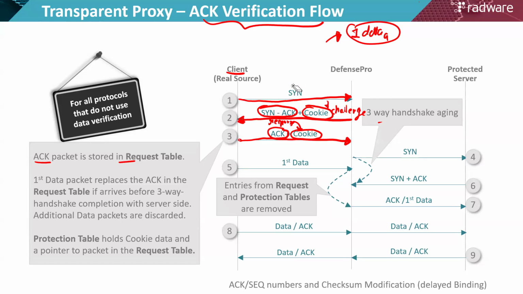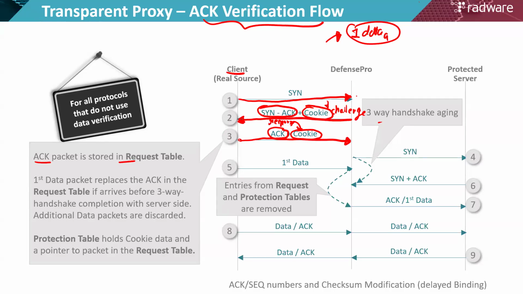When the client sends a SYN packet, there might be different parameters within it. This cookie is nothing but a hash of all those parameters, which is sent in return as a challenge. So when the user sends the ACK response back, along with it the client also needs to send the cookie value which was sent by the defense pro.